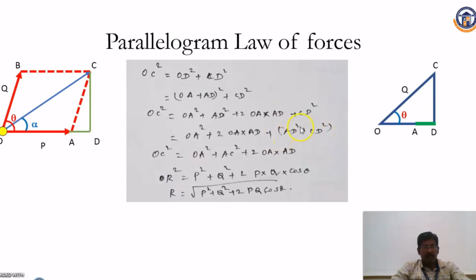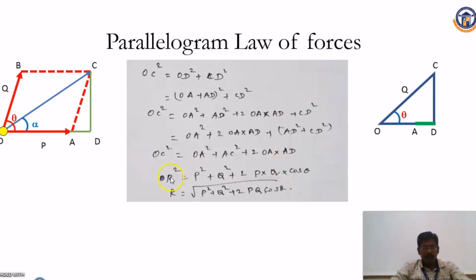Okay. So we have written OA square plus 2 OA AD and AD square plus CD square. So this AD square plus CD square is nothing but your AC square, as we have identified in the previous slide. So now this OC square is equal to OA square plus AC square plus 2 OA AD.